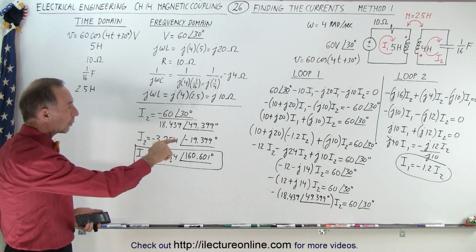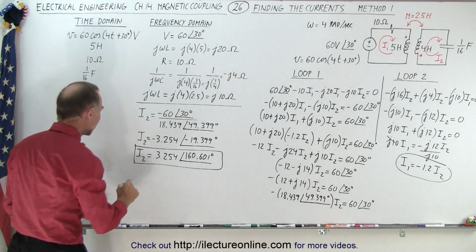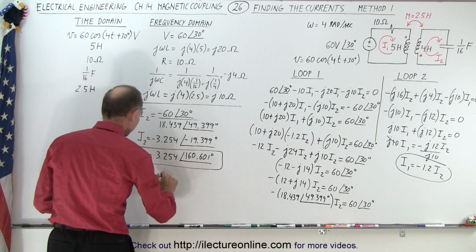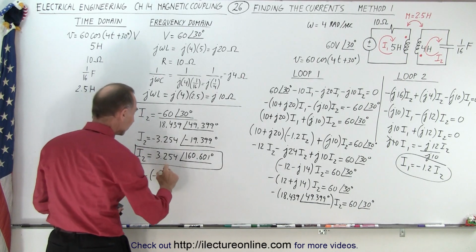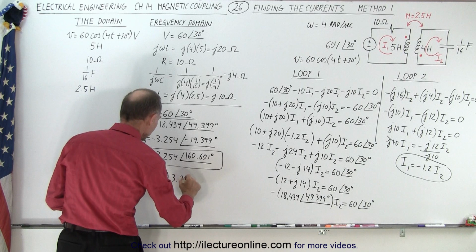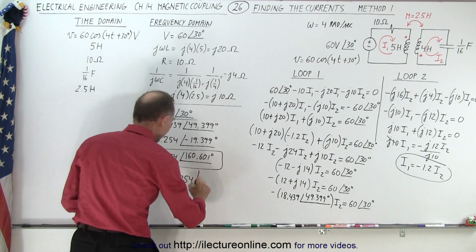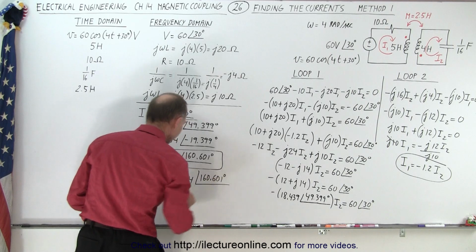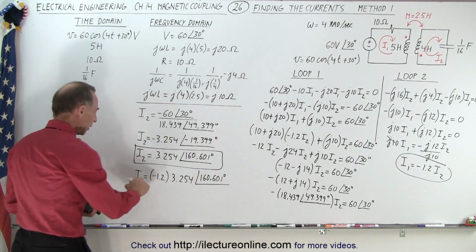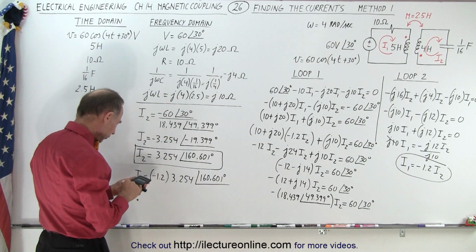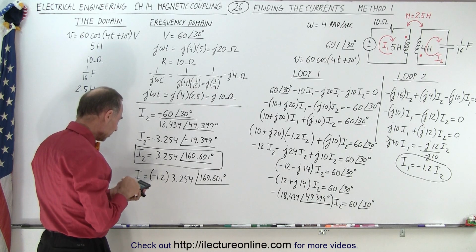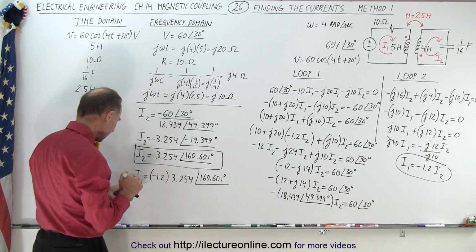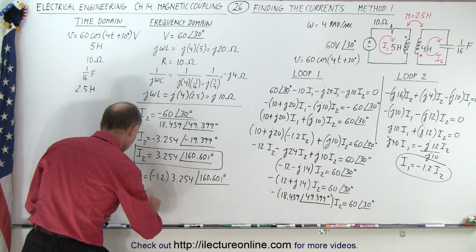So now that we know that I1 is a negative 1.2 I2, I can now say that I1 therefore is equal to negative 1.2 times 3.254 with a phase angle of 160.601 degrees. So when I multiply 3.254 times 1.2, I get 3.905.